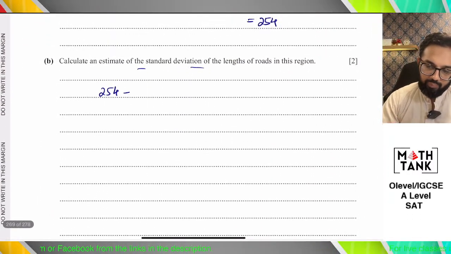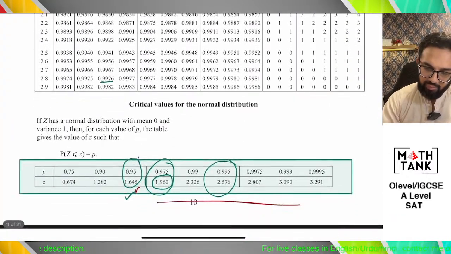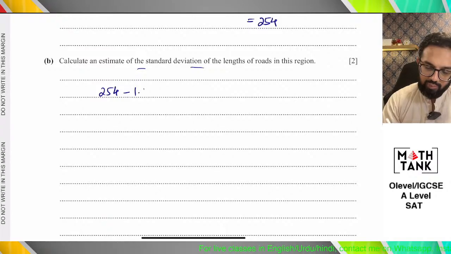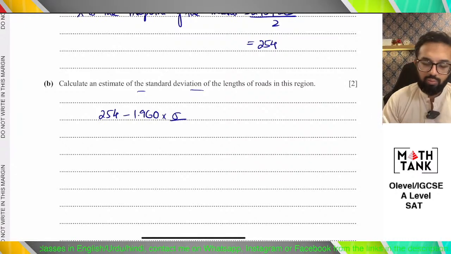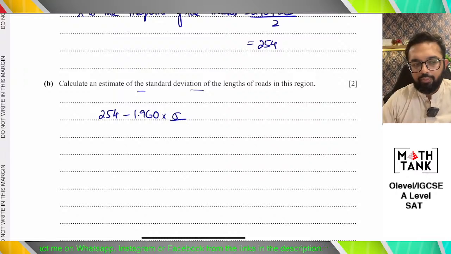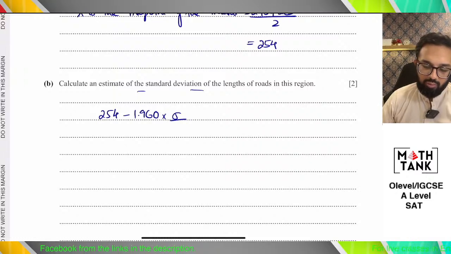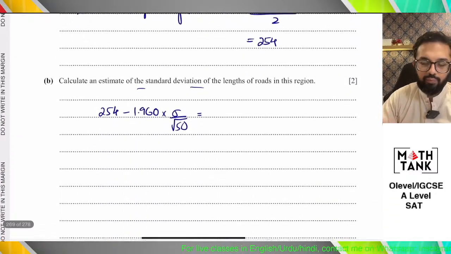So 97.5 is 1.960. Standard deviation is unknown, so standard deviation divided by root of n, root of 50, equals 245.